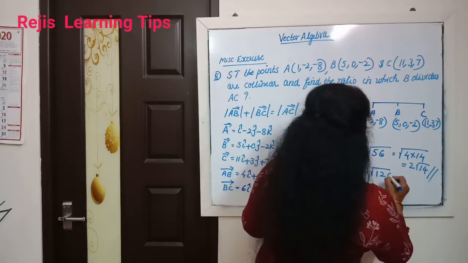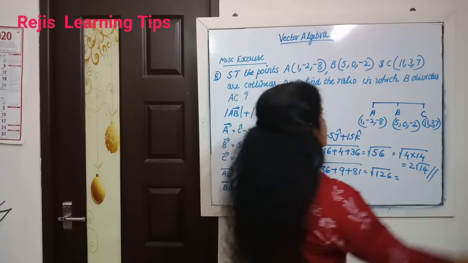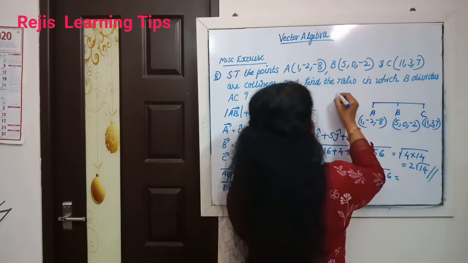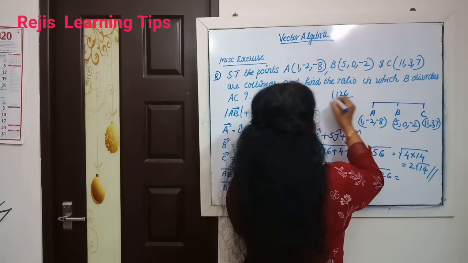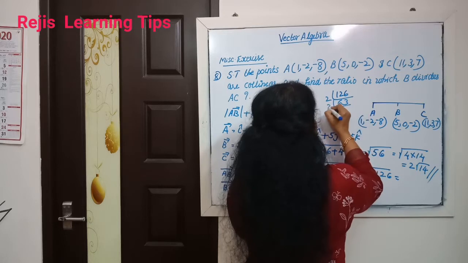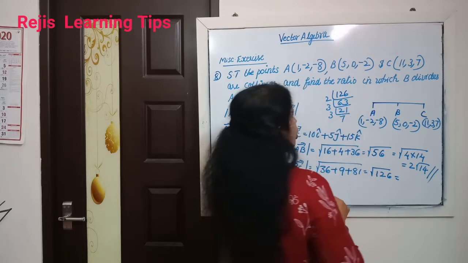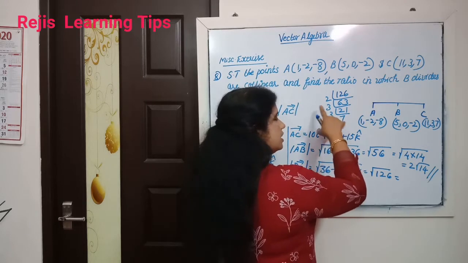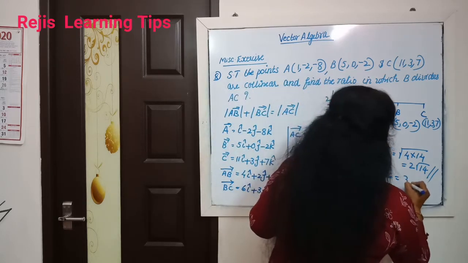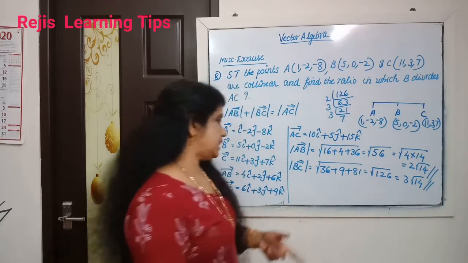Root 126, we should factorize 126: 2, 63, then 3, 21, then 3, 7. Then we can write 3 root 14.